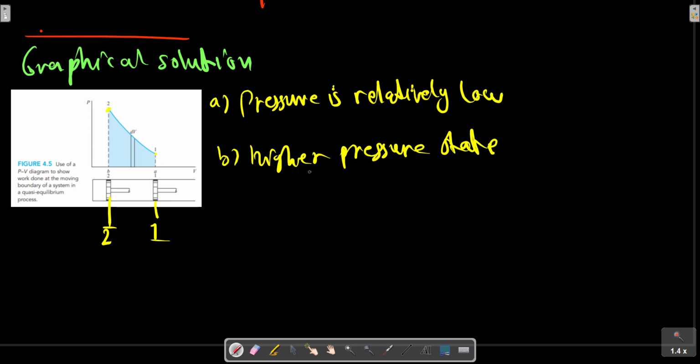Let us assume that this compression was a quasi-equilibrium process and that during the process the system passed through the states shown by the line connecting state 1 and 2 on the PV diagram.